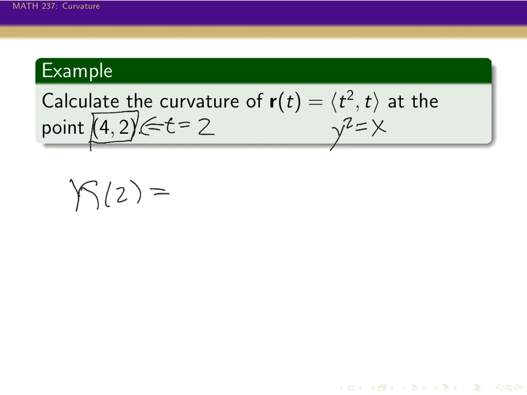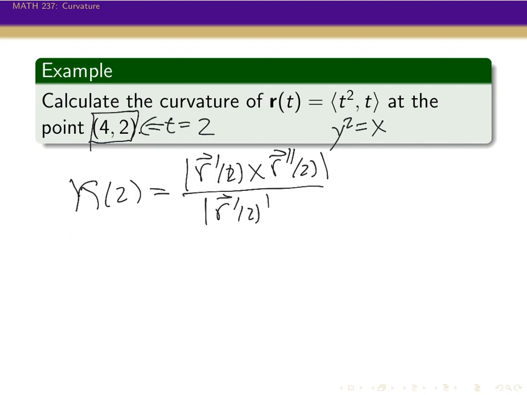And so we're going to use this formula, r prime at 2 cross r double prime at 2 all over the speed at 2 cubed. Okay, so we need to get r prime. So r prime is going to be (2t, 1).